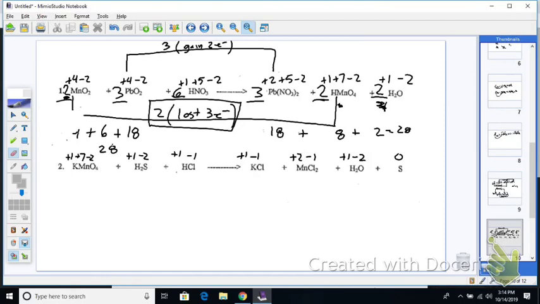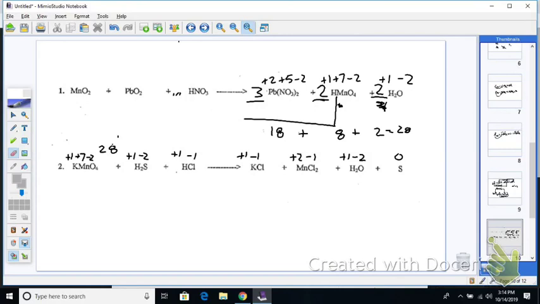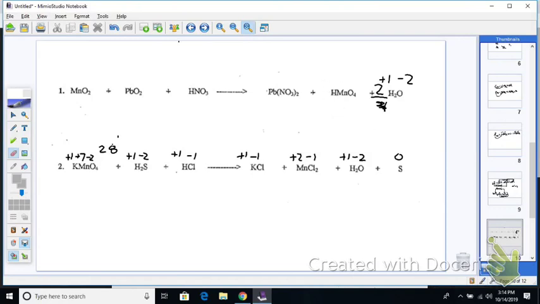To find the charges of like the Cl and the salt, like for the HCl and the H2S, do you just look at the charges on your periodic table? Yeah, for the most part. Your H, it's very rare that it's going to be a negative 1.